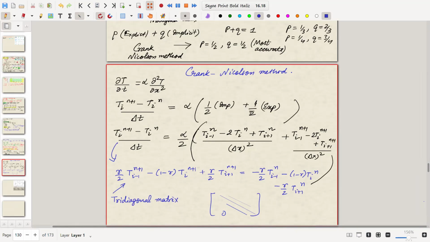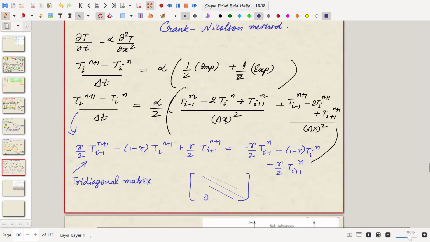When your method becomes a bit more complicated, it gets complicated by +1 and -1, meaning you will have some terms above and below the diagonal. So in most important methods, like Crank Nicolson, a tridiagonal matrix always comes. You never got this in the explicit scheme, but you saw it in implicit and explicit 50-50, Crank Nicolson. Somehow they just appear.